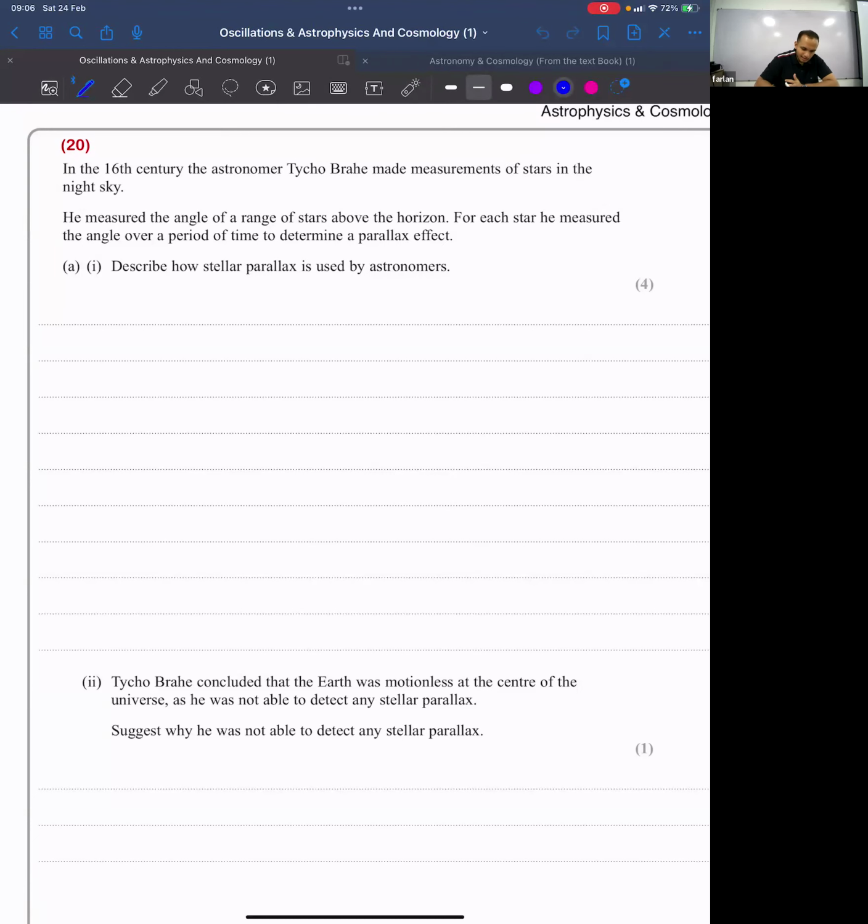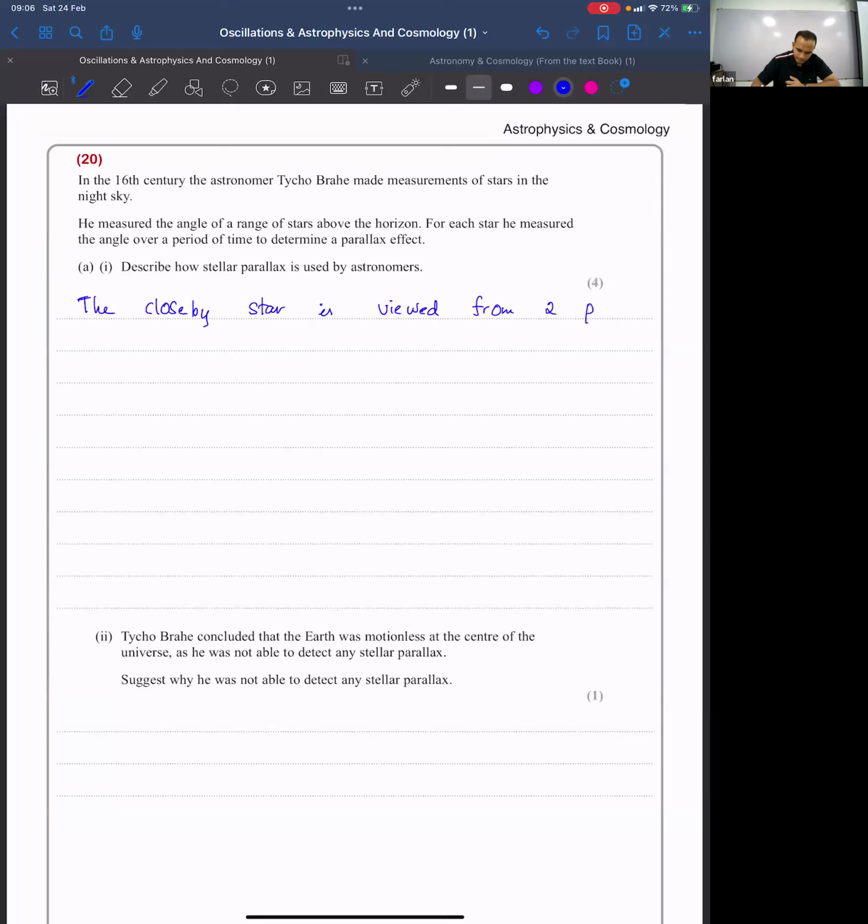A close by star is viewed from two positions, six months apart.